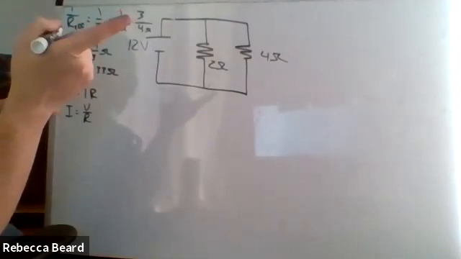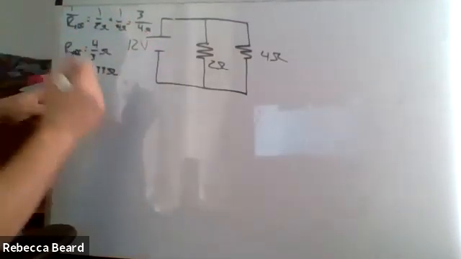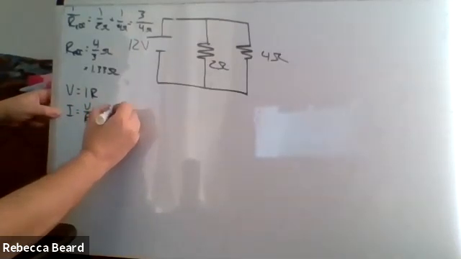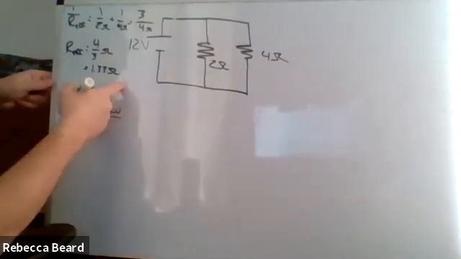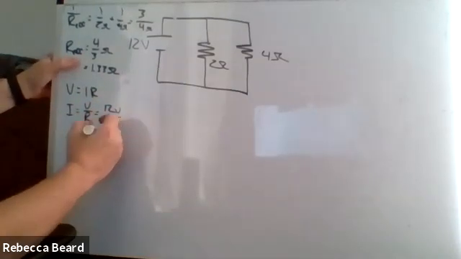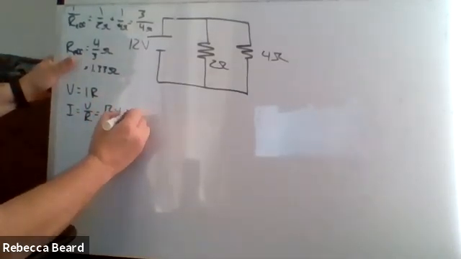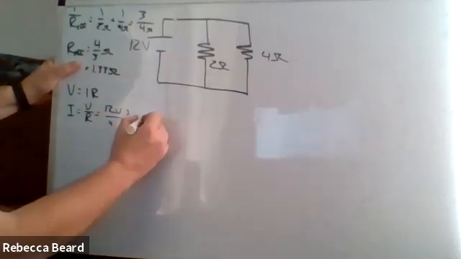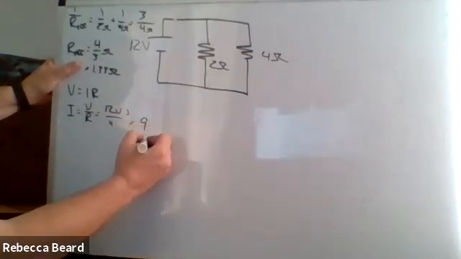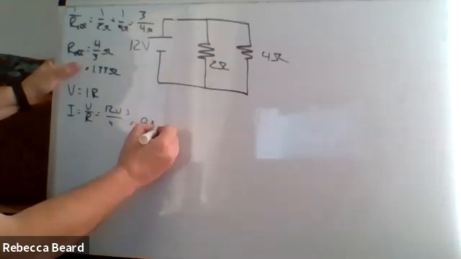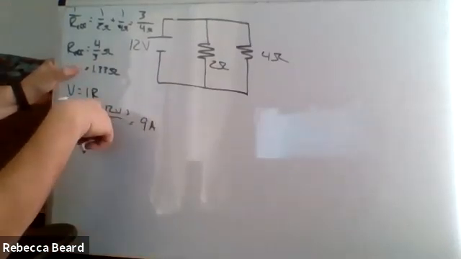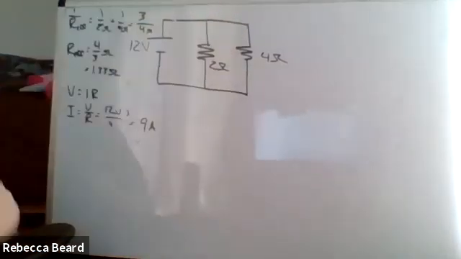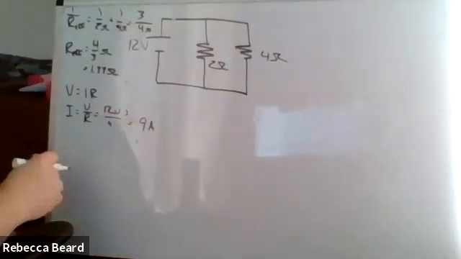So I equals V over R, that's going to be 12 volts over 1.33 ohms, but that's really over 4/3, so divided by 4 times 3, is going to equal 9. That's not 9 amps. Really? I guess it is.